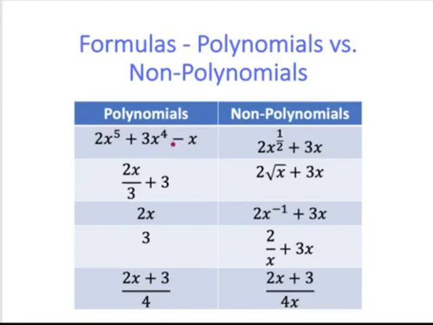And I say negative 1 because this is the same thing as 2x to the 5th plus 3x to the 4th plus negative 1 times x.